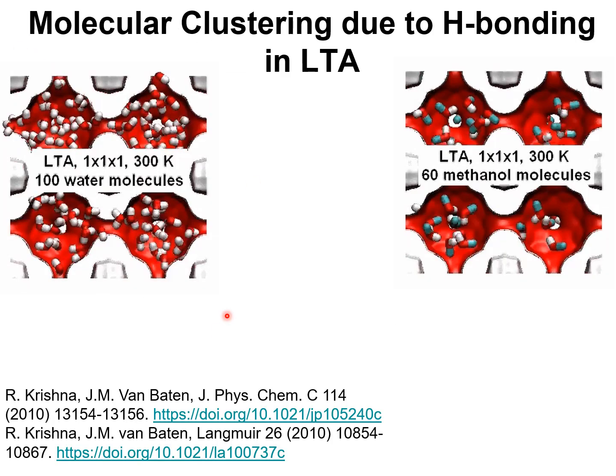For diffusion of water in LTA, there's strong hydrogen bonding between pairs of water molecules that has the net effect of reducing the mobility of water, and the intercage motion of water molecules is severely retarded due to molecular clustering.